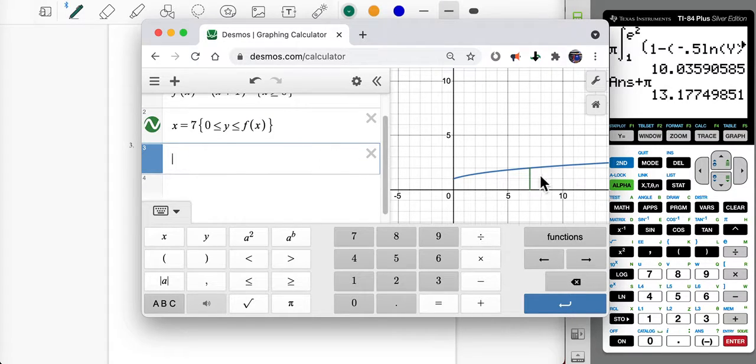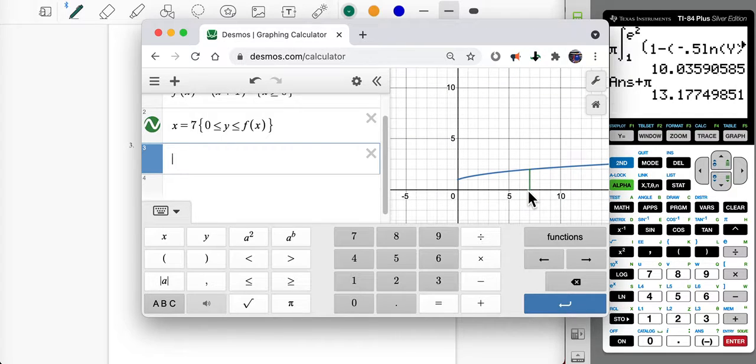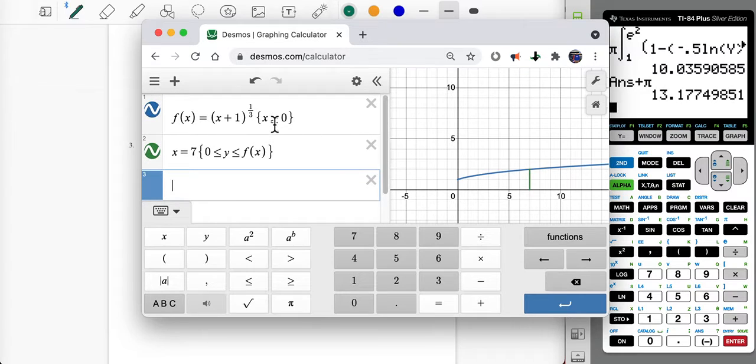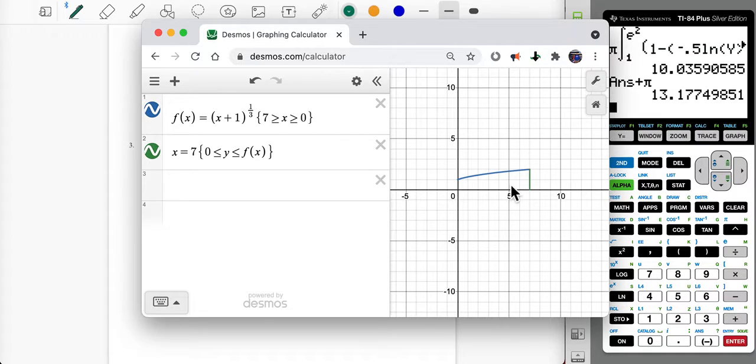So we have a nice little restriction going on here. Now if we really, really want to get silly with this, we can restrict this even further by saying that x has got to be between 0 and 7, because really that's where we're maximizing this thing. So I could say 7 greater than or equal, and then have only the relevant region.